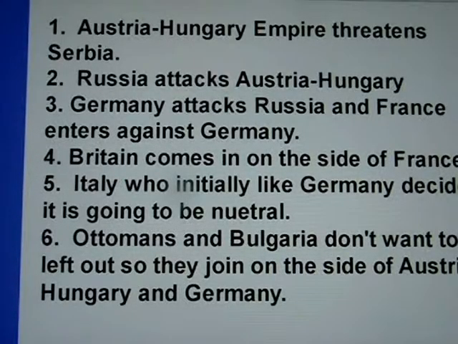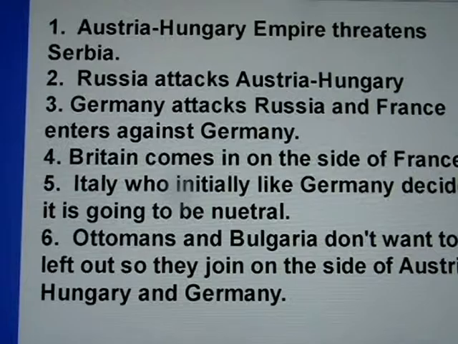So let's take a look at events between June and August of 1914 after the assassination. First of all, Austria-Hungary threatens Serbia. Serbia is a little country to its south. Russia then attacks Austria-Hungary for threatening Serbia.